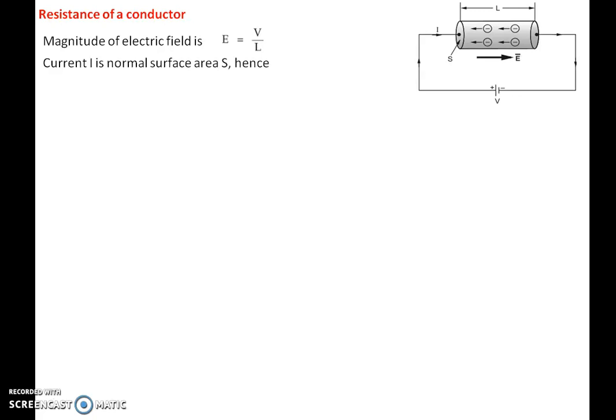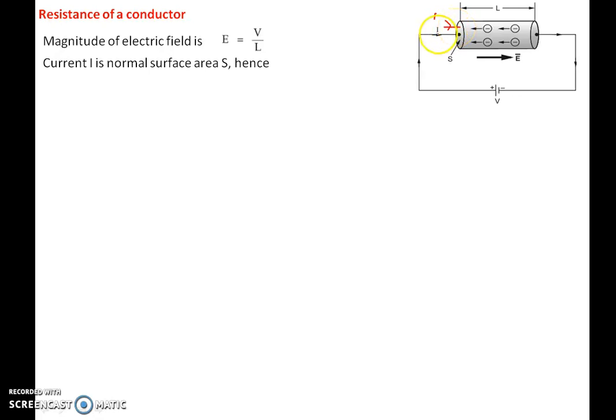I am considering this current is normal to surface S, so it is in the direction of the vector normal to S. If I consider the vector an cap to be the vector which is normal to this surface, then the angle between I and an cap is 0.